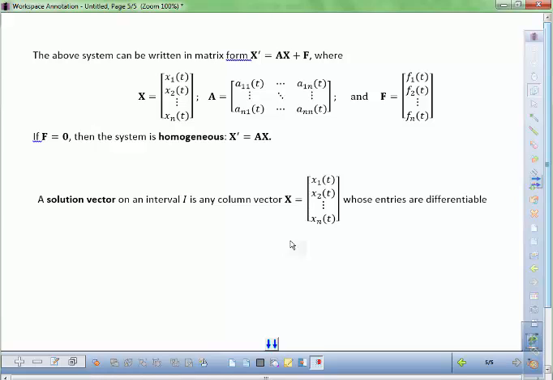So in general, we're going to want to solve for a bunch of functions, and we can just compactly put those functions in vector form or matrix form. The book calls it a matrix. I'm going to go back and forth between calling it a matrix or a vector, because I think it can be considered as either one.